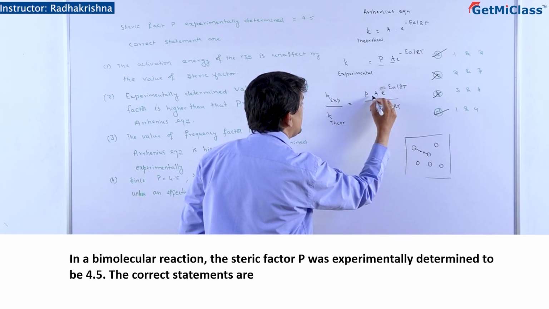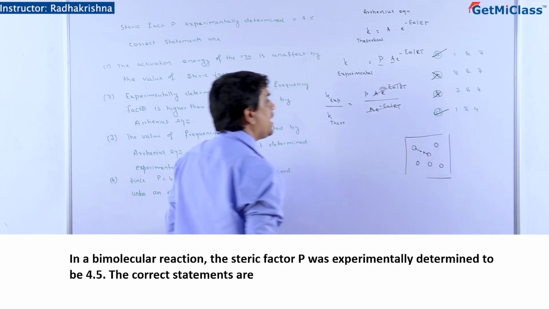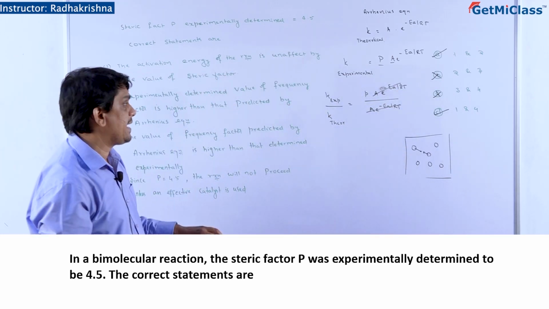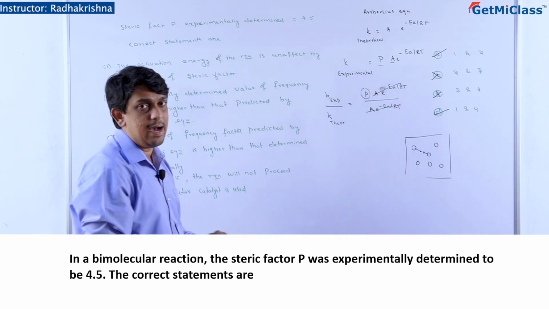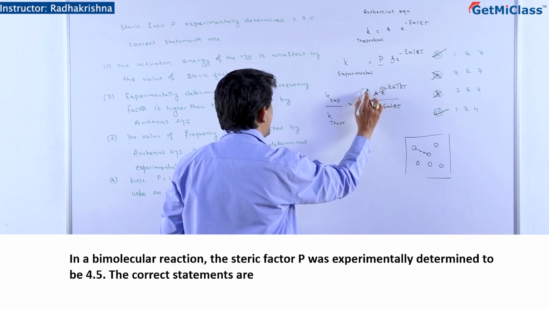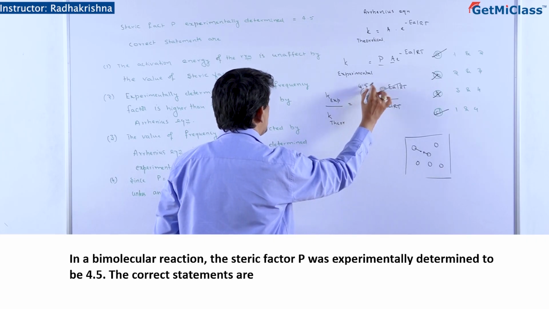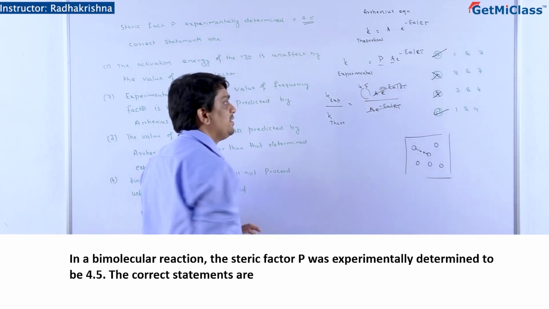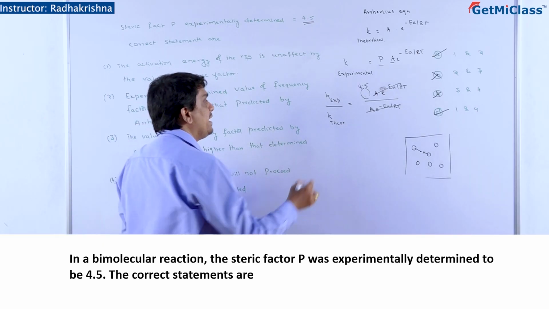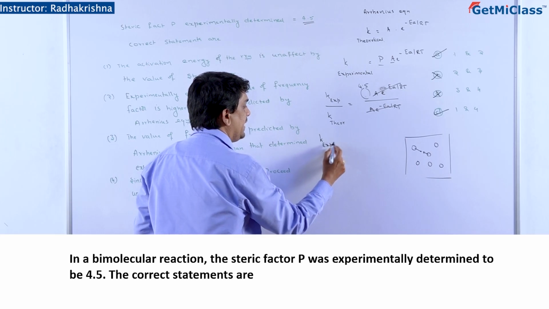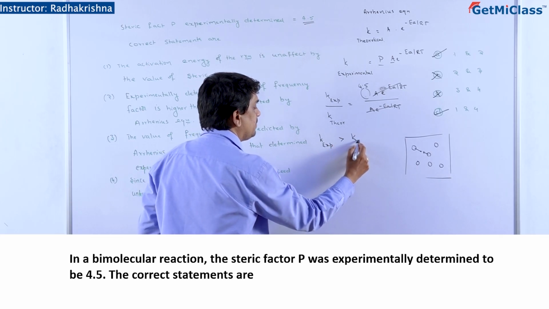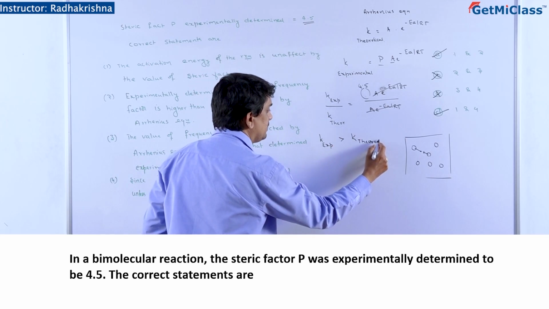Everyone can see that this A e to the power minus Ea by RT will get cancelled. Now what's remaining is only the steric factor here. And I know the value of the steric factor is greater than 1, that is what is given, 4.5. What does it indicate? It indicates that the numerator is greater than the denominator.